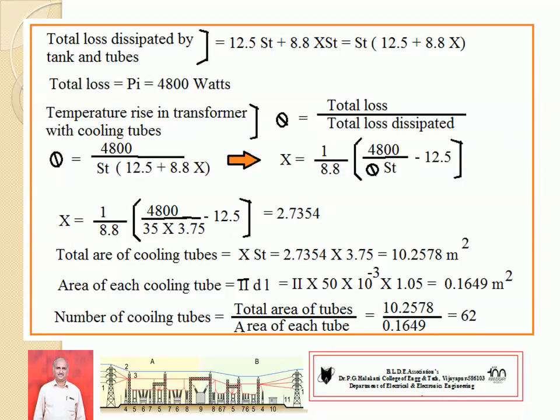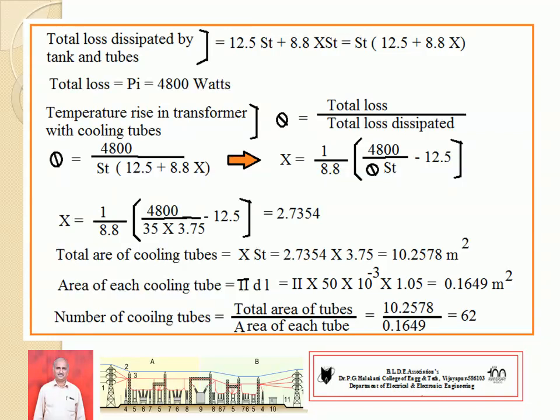So substitute all the values and calculate X. It is coming around 2.73. Then it is possible to calculate the total area of cooling tubes, X multiplied by St. This value we are going to get around 10.25 meter square.